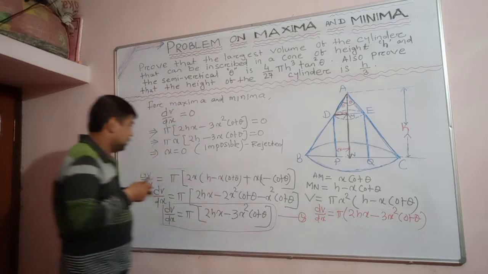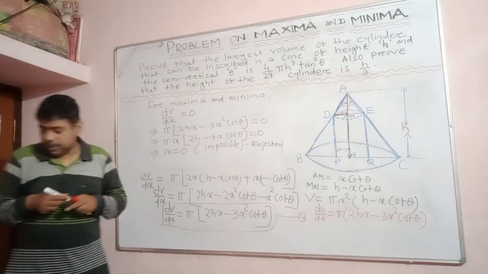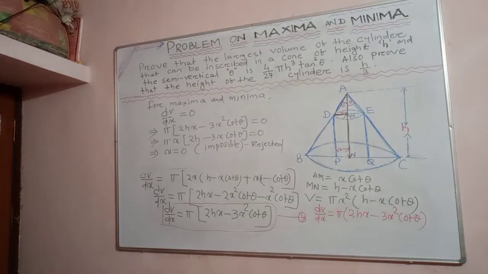It's okay. So 2h minus 3x cot theta must be equal to 0.